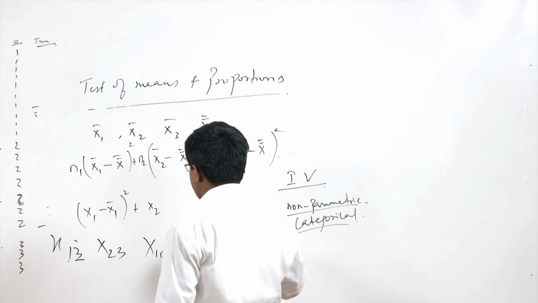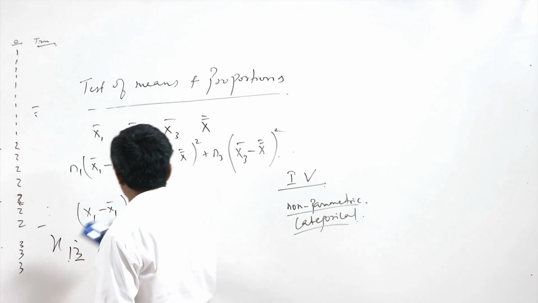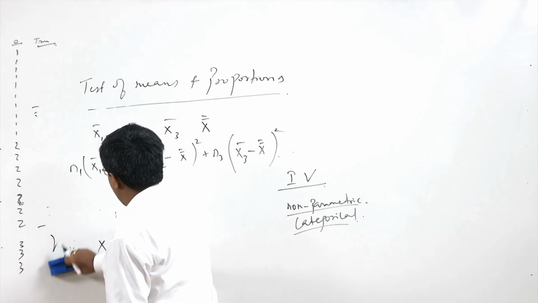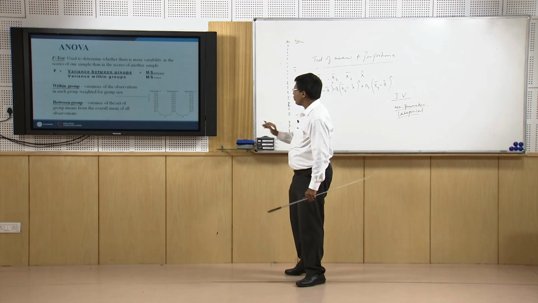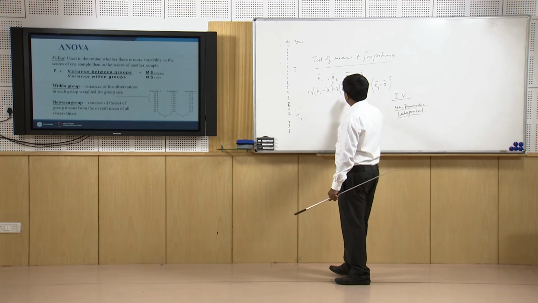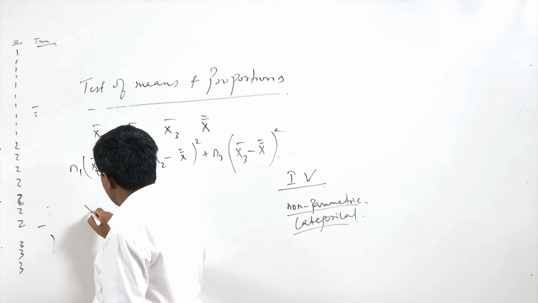Once you do this, you calculate the mean of the group. This is for the first group; you can do it individually.